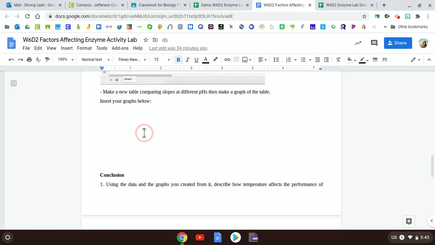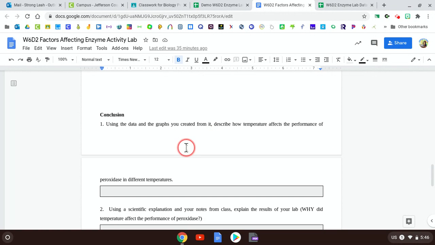Once you complete those two things and you now have two graphs here, you're going to use those graphs to answer the conclusion data.